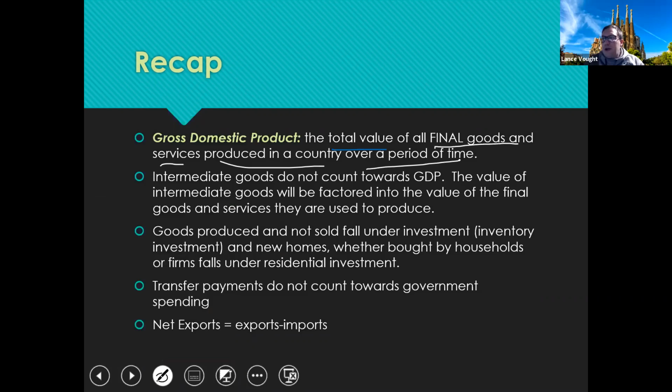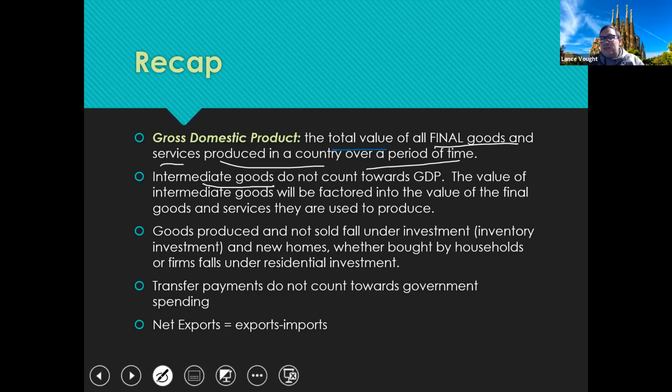So the total value is basically the sum of all of the dollar values of the goods and services. Final goods and services are goods and services that are purchased by final users, meaning that intermediate goods do not count towards GDP. The value of the intermediate good will be factored into the final price of the product, or it will be factored into the total cost of the product if it is factored into GDP in the form of inventories.